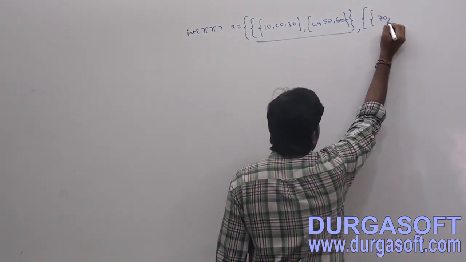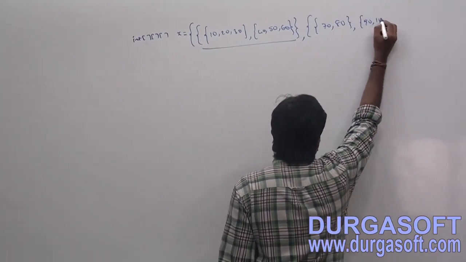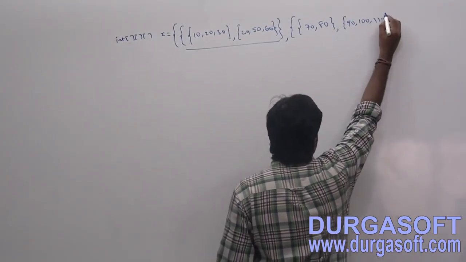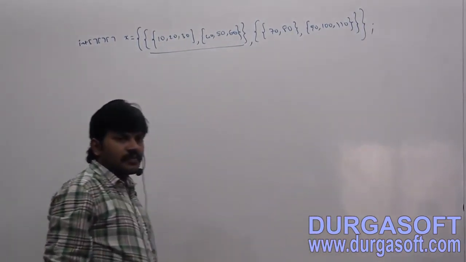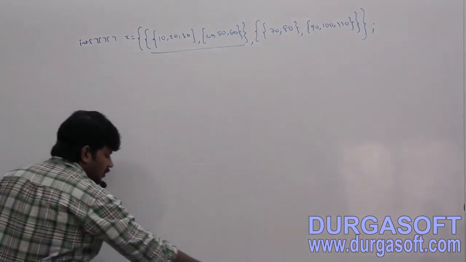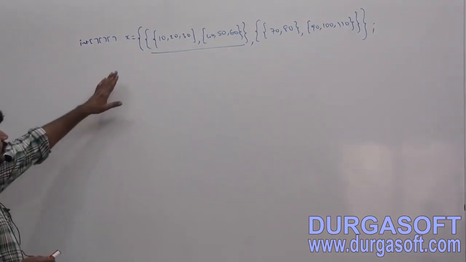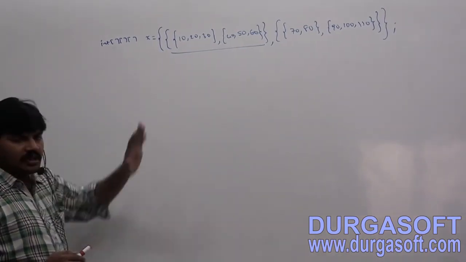Then 70, 80, 90, 100, 110. Now my target is, just observe, this is my 3-dimensional array.